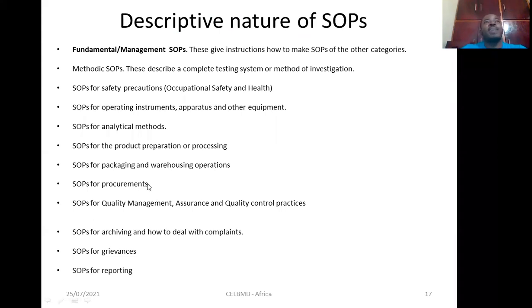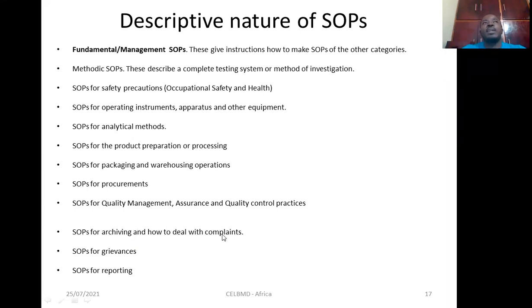SOPs for analyzing methods, especially for research organizations. SOPs for preparation of products and processing. That's for mostly secondary industries, transformation of raw materials to various products. SOPs for packaging and warehousing operations, for procurement, for quality management, archiving and dealing with complaints from customers.